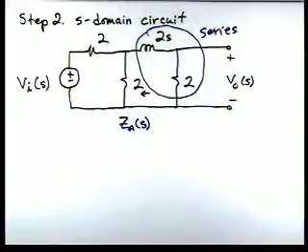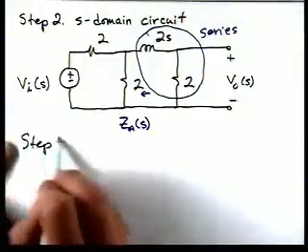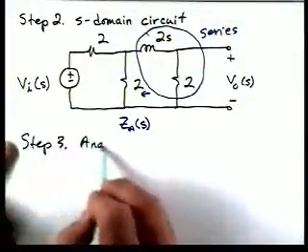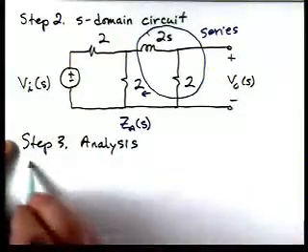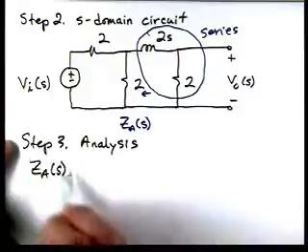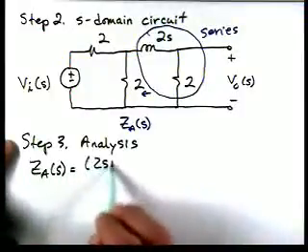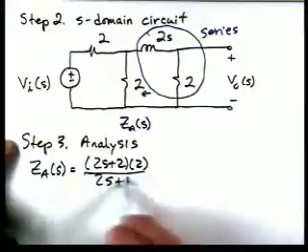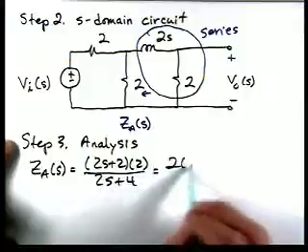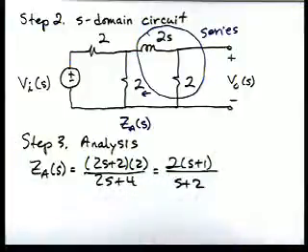Okay. So now we're getting ready to move into the analysis stage. So if we look at ZA, then we have 2s plus 2 times 2 over 2s plus 4, which is 2 times s plus 1 over s plus 2.